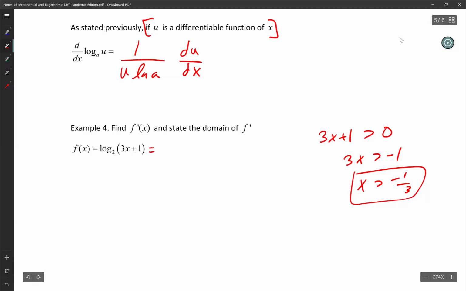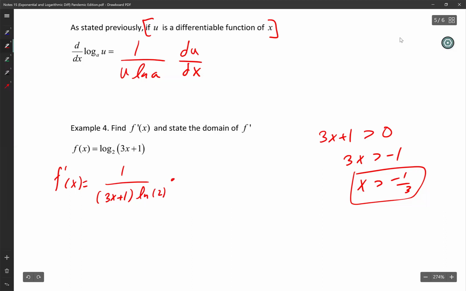I kind of like to rewrite it, but I guess we can just use this rule right here. f prime of x equals 1 over 3x plus 1, in parentheses, ln of 2.